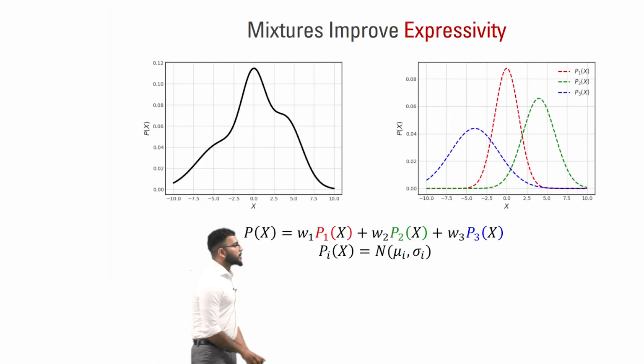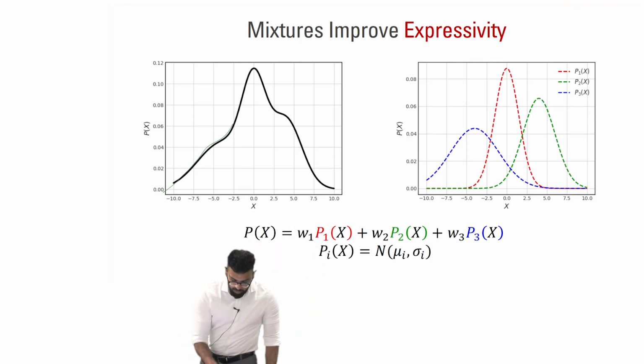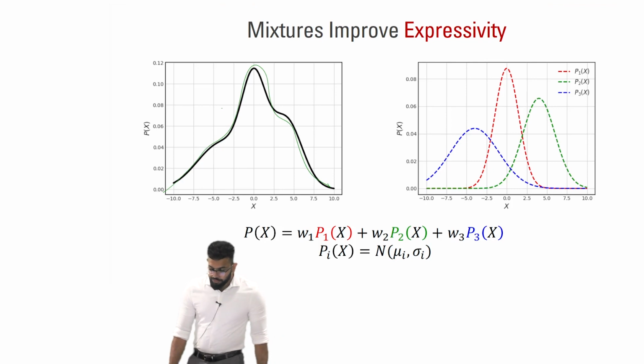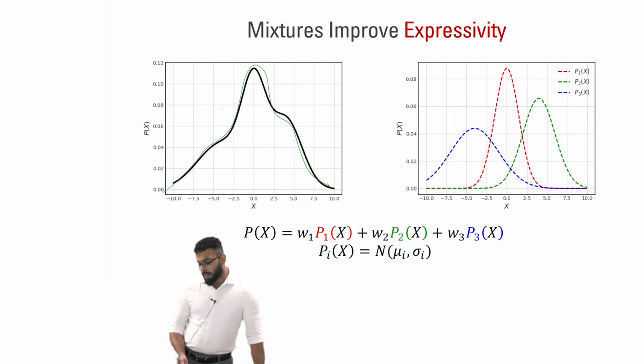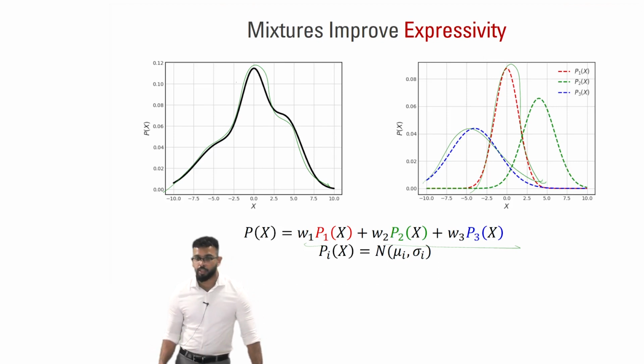Now, to give you an intuition as to why this is helpful, let's say that I'm interested in modeling a complex distribution like this. I do not know what the probability density function is for this distribution. But if I were to take 3 different simple distributions, 3 Gaussians per se, and take a weighted combination of these 3 Gaussians, then depending upon what weights I choose, I can approximate this complex distribution. That's the intuition.